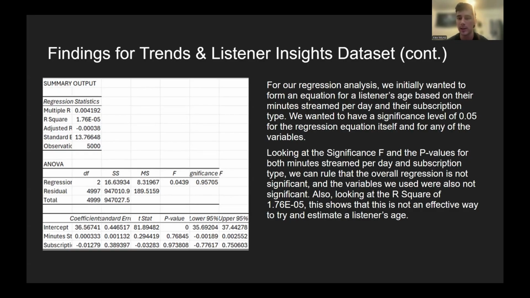Looking at the significance F and the p-values for both minutes streamed per day and subscription type, we can rule that the overall regression is not significant, and the variables we used were also not significant. Also, looking at the R squared of 1.76 times 10 to the -5, this shows that this is not an effective way to try and estimate a listener's age.